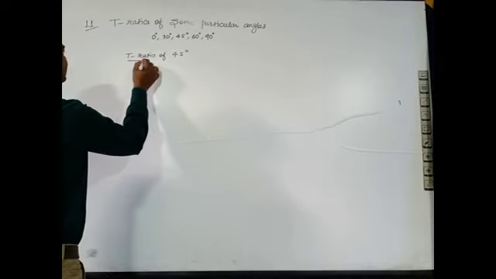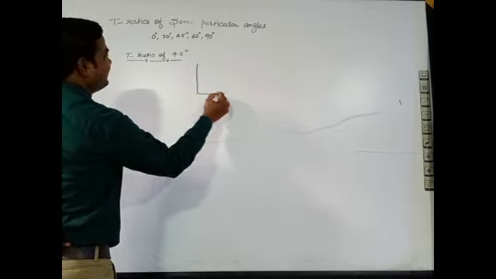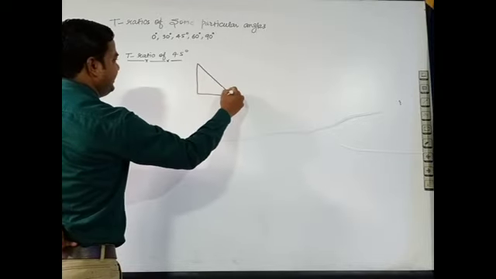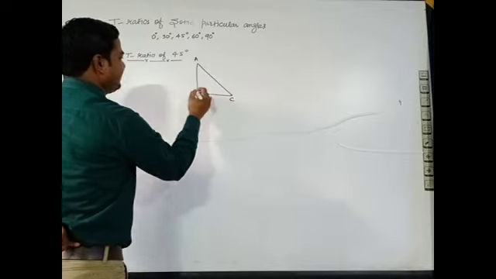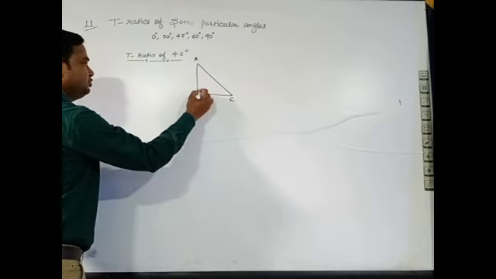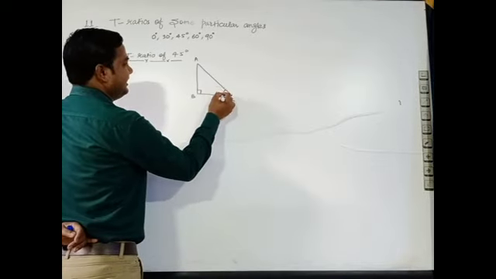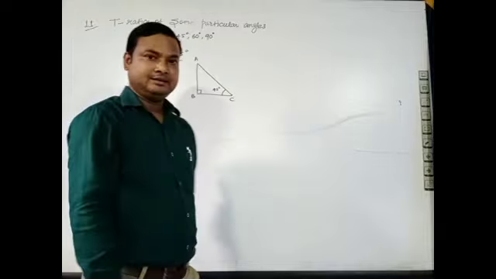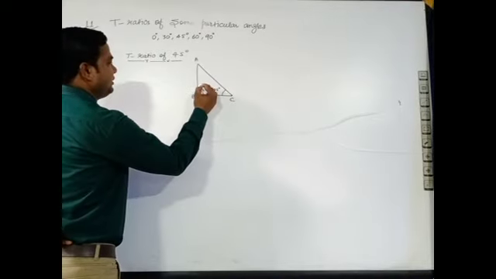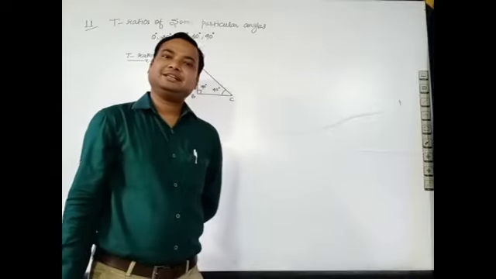For this, we take a right angle triangle in which angle B equal to 90 degree and angle C equal to 45 degree.